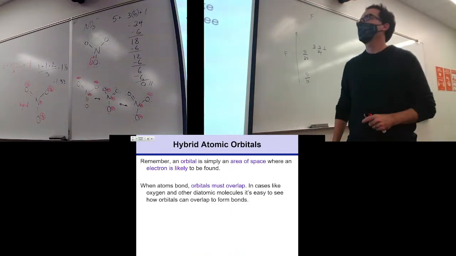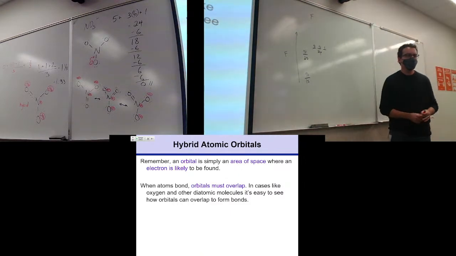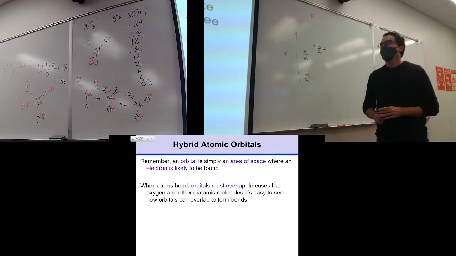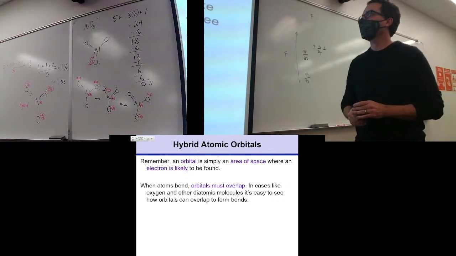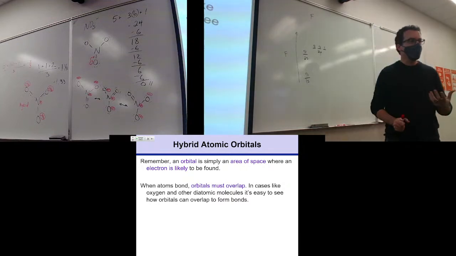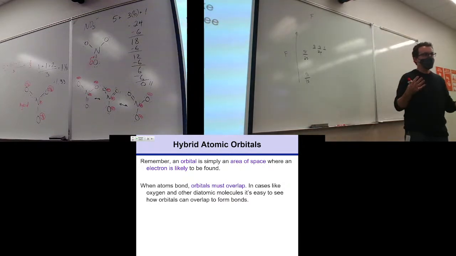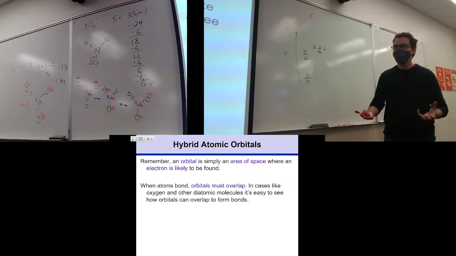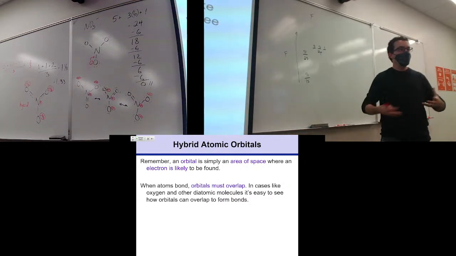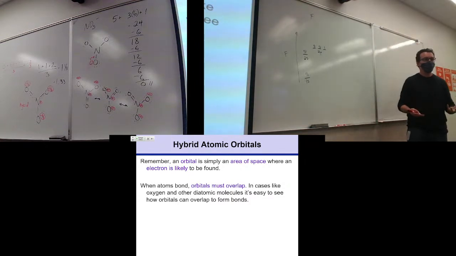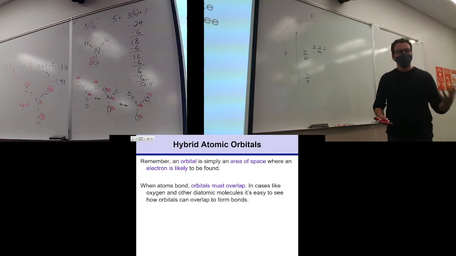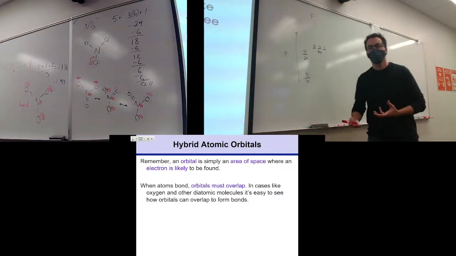We have this concept called hybrid atomic orbitals. So remember what an orbital really is. An orbital is this region of space where we're likely to find an electron. Remember where we get this concept of orbitals from. We get them from solutions to the Schrodinger equation, which are wave functions.